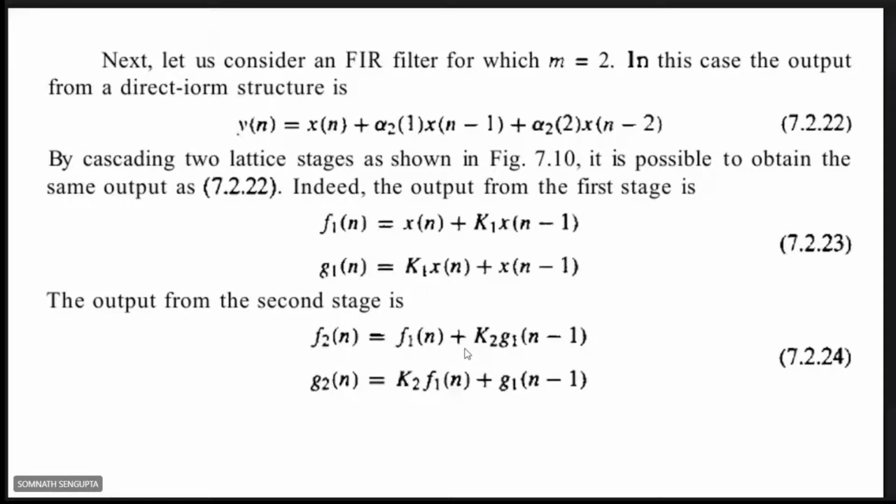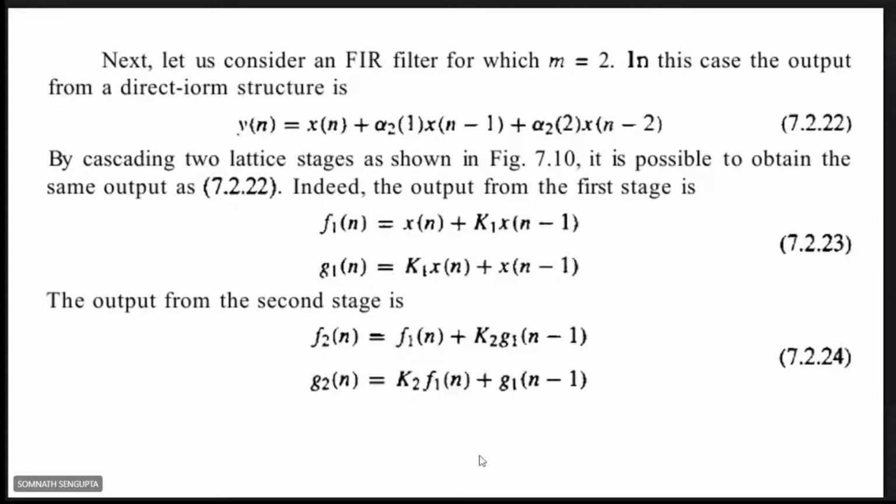In the first stage, the inputs f0n and g0n are both equal to x of n. But in the second stage, for f2n and g2n, the inputs f1 and g1 are not the same. Here they are coming from the previous stage.